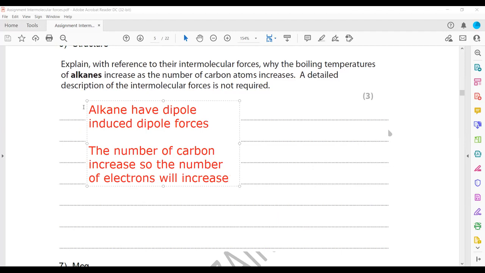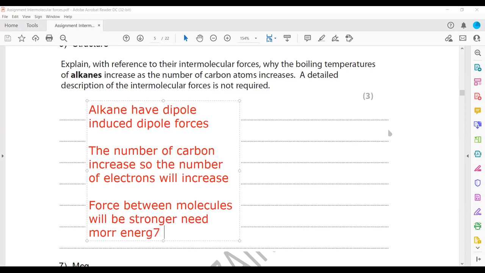And as the number of electrons increases, the force between the molecules will be stronger, and it needs more energy to separate the particles, which leads to an increase in boiling temperature.